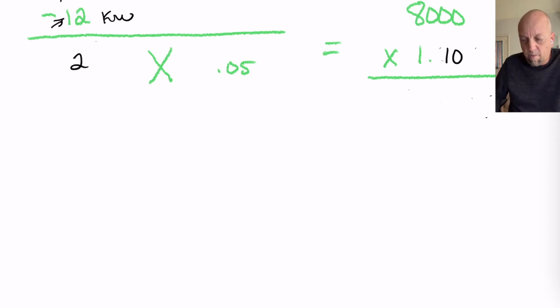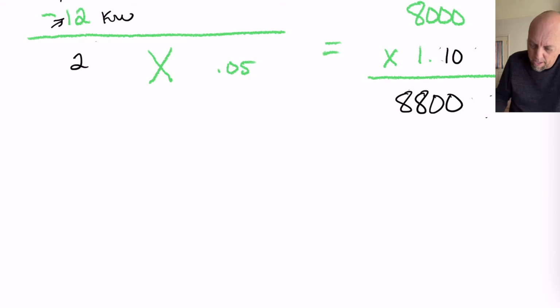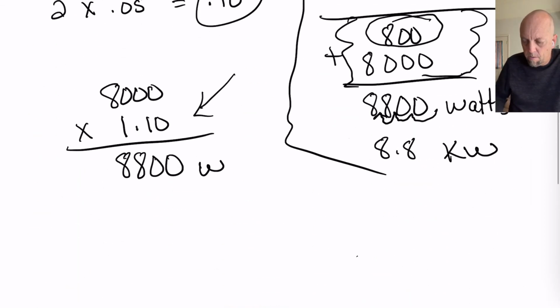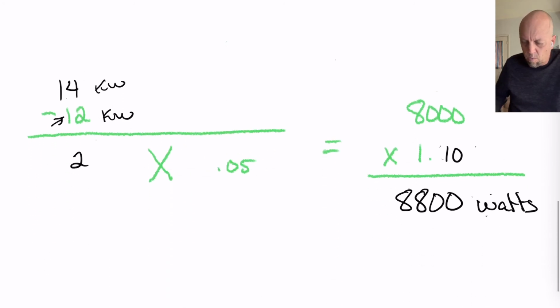So we've got the 8,000 watts, which was in column C for one range. Multiply it times 1.10 comes out to 8,800 watts. That right there, 8,800 watts, is what we got up here doing the longer version of this formula.